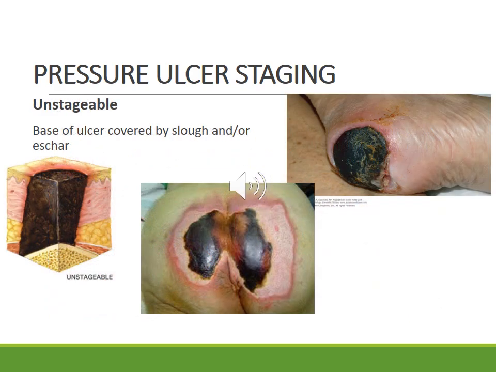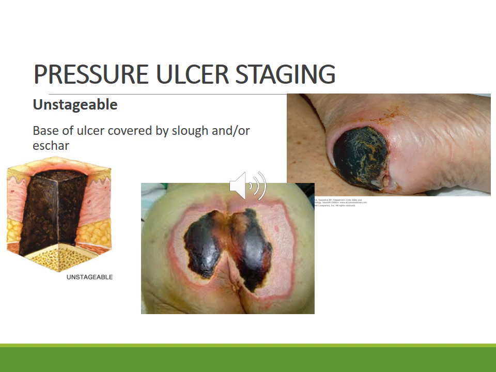And our last pressure ulcer staging we're going to talk about is the unstageable. So basically, when we have something like this, and there are pictures here to visually show you, we have this ulcer, and it's covered by this slough or black eschar material, and that's just dead tissue, and we can't see underneath it to see how deep it goes.